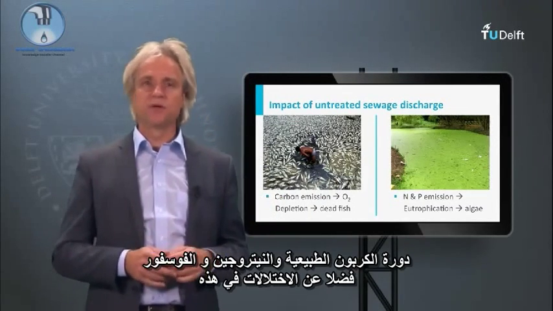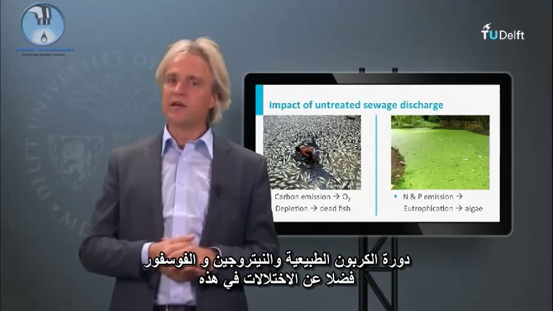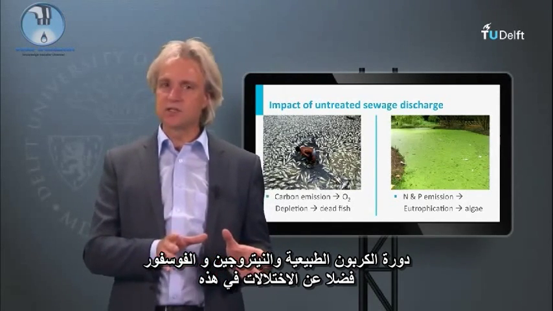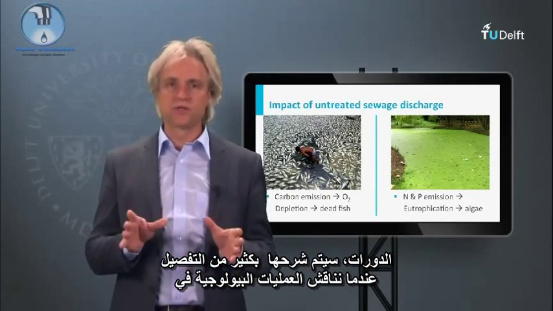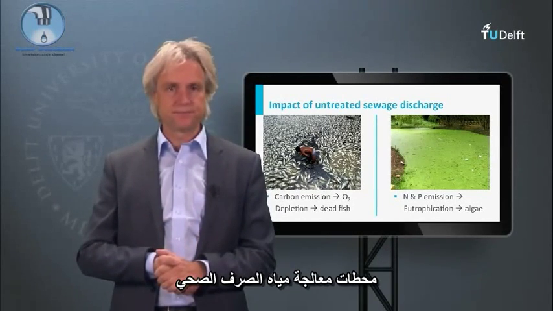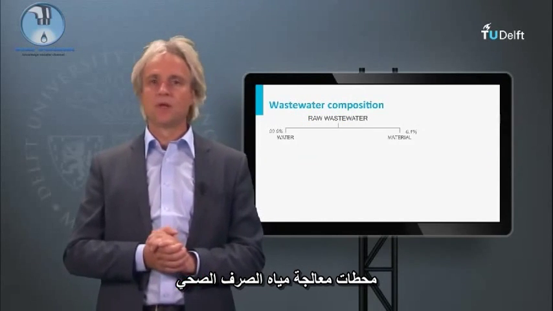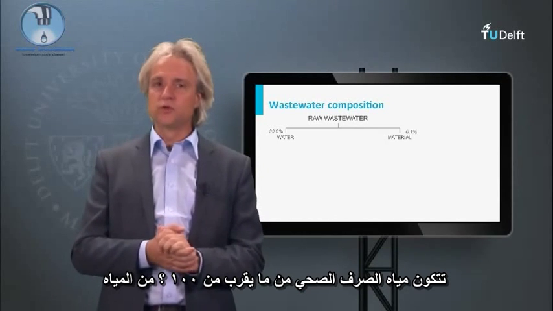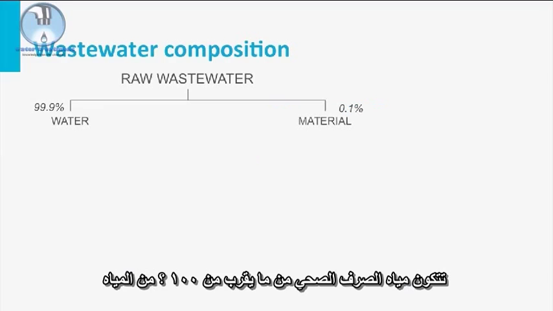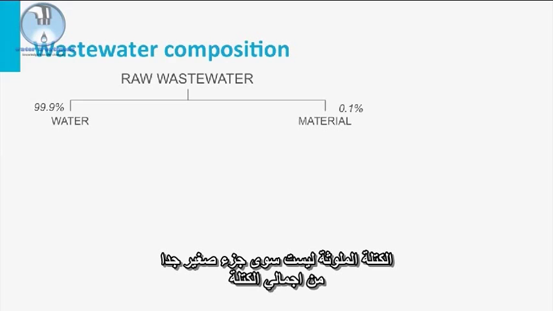The natural carbon, nitrogen and phosphorus cycle, as well as the imbalances in these cycles, will be explained in much more detail when we discuss the biological processes in sewage treatment plants. Back to the wastewater. Wastewater is composed of almost 100% water. The polluting mass is only a very small fraction of the total mass.